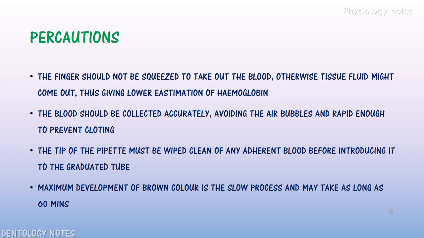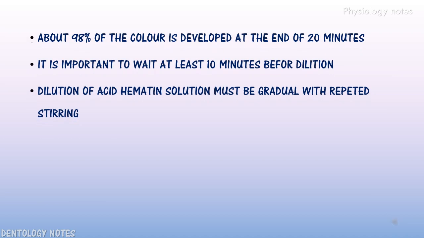Maximum development of brown color is a slow process and may take as long as 60 minutes. About 98% of the color is developed at the end of 20 minutes. It is important to wait at least 10 minutes before dilution. Dilution of acid hematine solution must be gradual with repeated stirring.